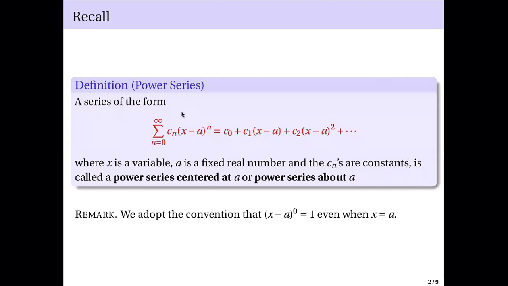But in this form, if we are talking about power series, we'll just consider (x minus a)^0 equals 1, even if your x is equal to a. So that's why in this expansion, you only see c sub 0. It's a constant. And then plus c sub 1 with the term (x minus a) plus blah, blah, blah. Okay?